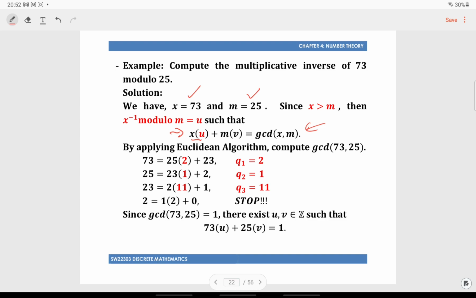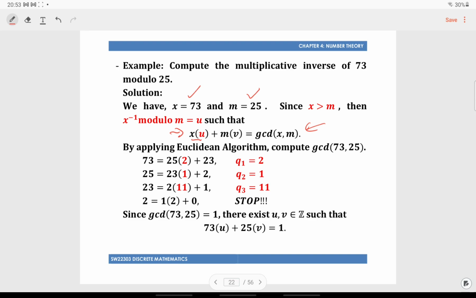But if not, you have to do the extended Euclidean algorithm. But if the question specifies the way to solve the problem, for example, compute the multiplicative inverse of 73 and 25 by using the extended Euclidean algorithm, then you don't have any option.